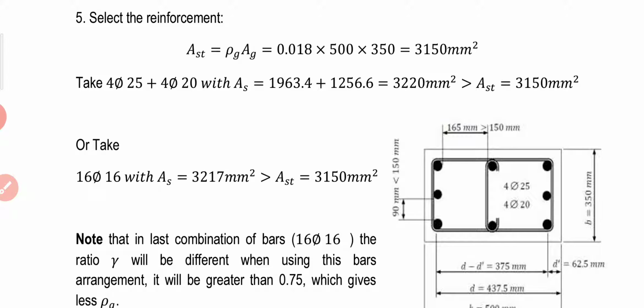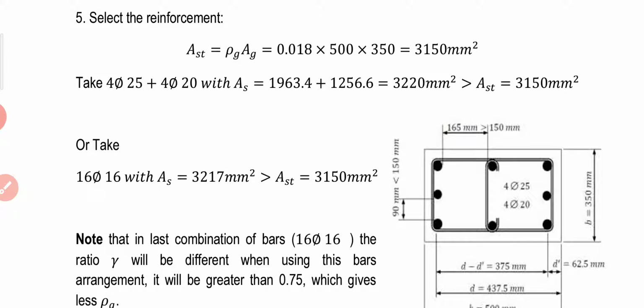So we can put values. So finally, Ast equal to 0.018 into 500 into 350. So Ast equal to, we can get 3150 mm square.